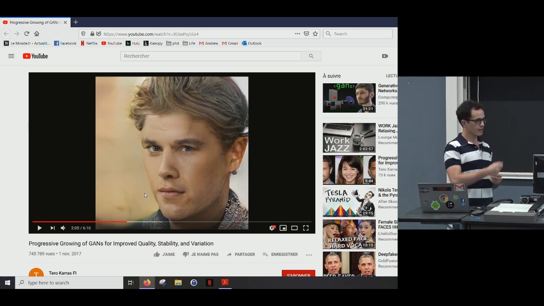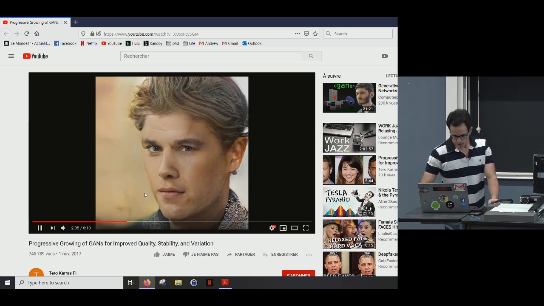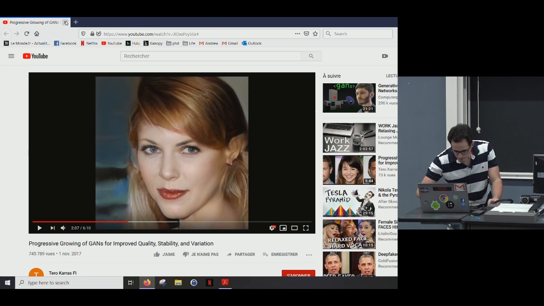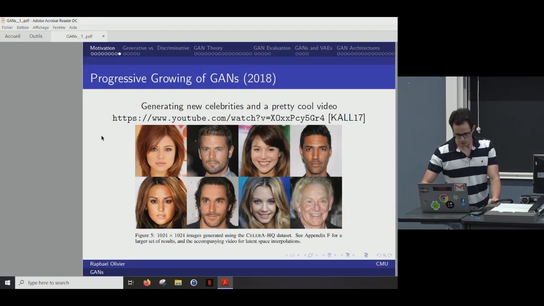But with GANs, you can actually draw a line on the manifold of faces, as it's called, and interpolate between two faces where all of the intermediate points are realistic faces. So that's pretty cool. There are a lot of things like that you can do. You probably saw some in the media before today.